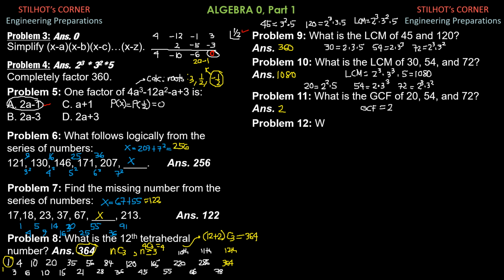So next, what is the 18th triangular number? Because if you can recall, I described it with a formula. The nth triangular number is n over 2 times n plus 1, if you can recall.